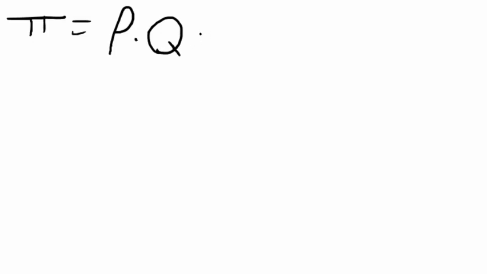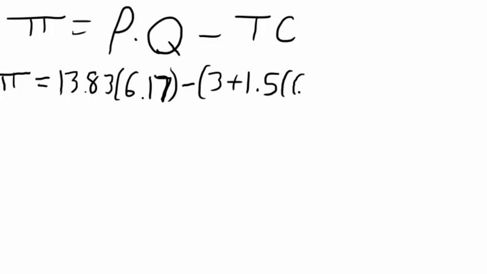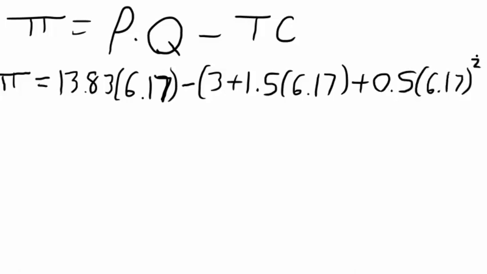Next, we shall find our profit, and we will use the profit formula of profit, denoted by pi, equals price times quantity minus total cost. And so if we plug in what we know, the profit equals the price of 13.83 times the quantity of 6.17 minus the total cost of 3 plus 1.5 times the quantity of 6.17 plus 0.5 of 6.17 squared.